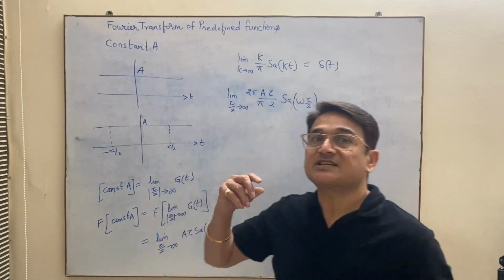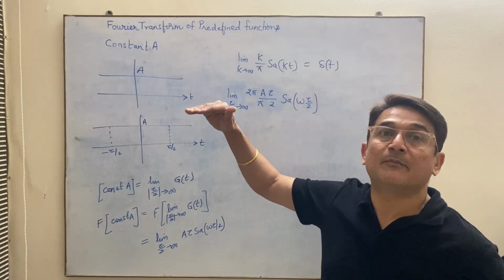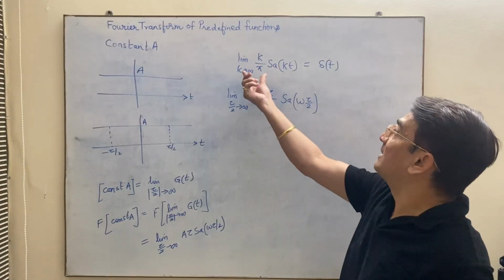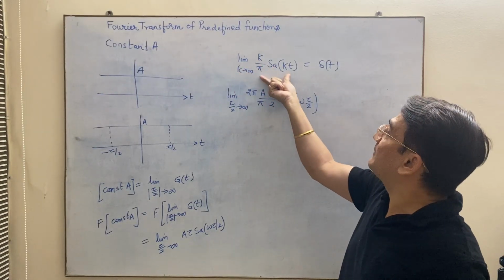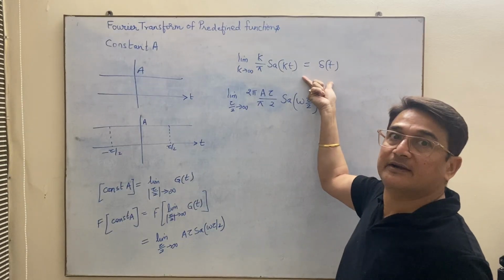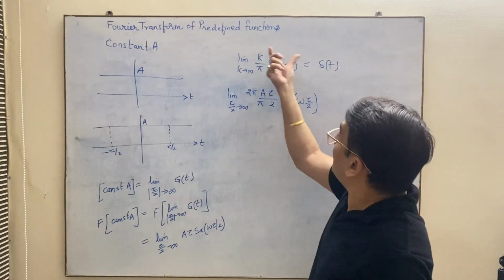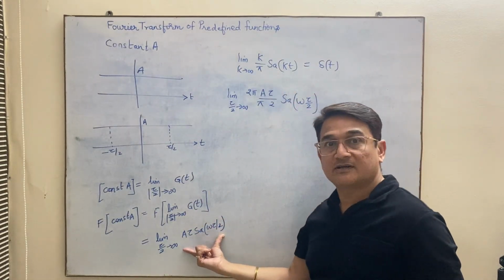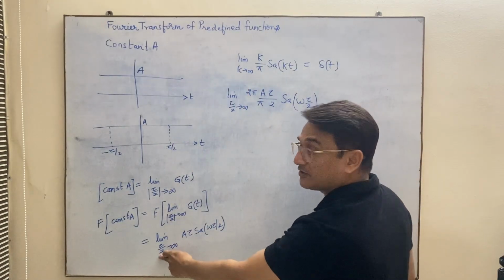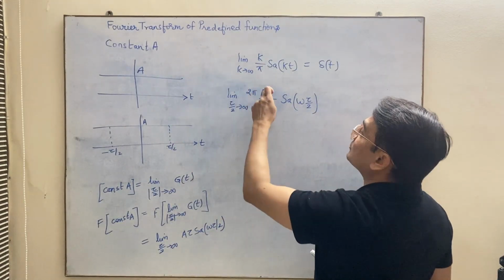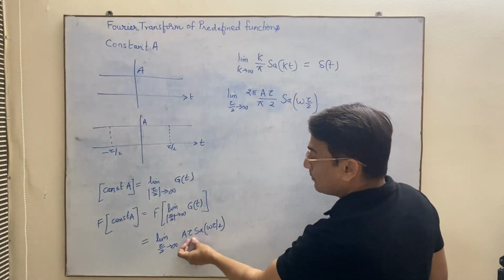Now we have just discussed the sampling curve and the formula. So we are writing this formula, which is limit k tends to infinity, k by pi sampling of kt equals delta t. We will modify our relationship, because this k is equivalent to tau by 2. So we need tau by 2 here.